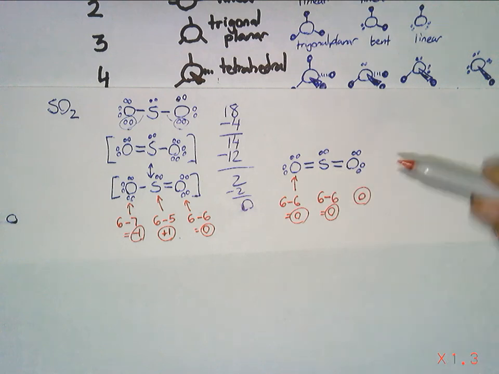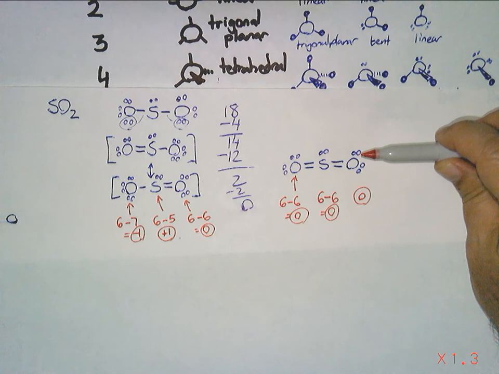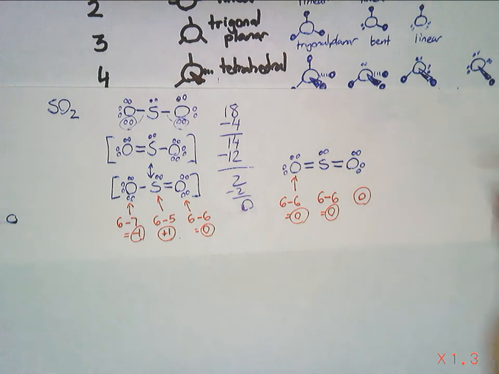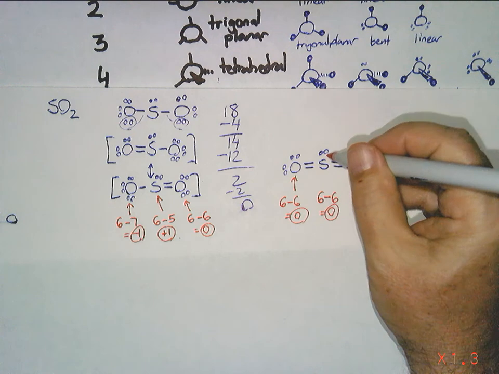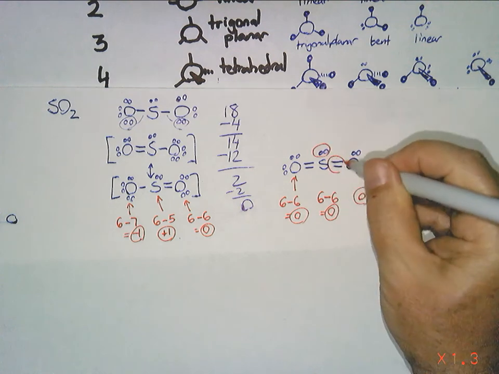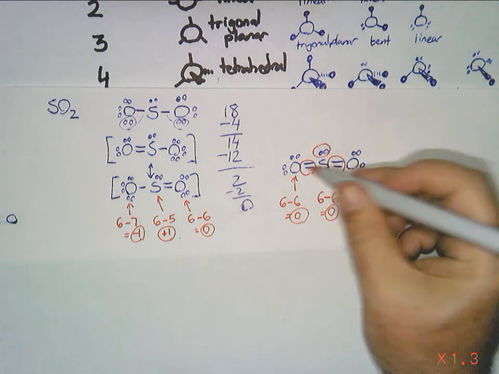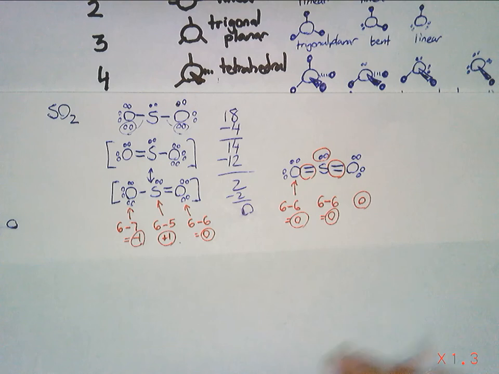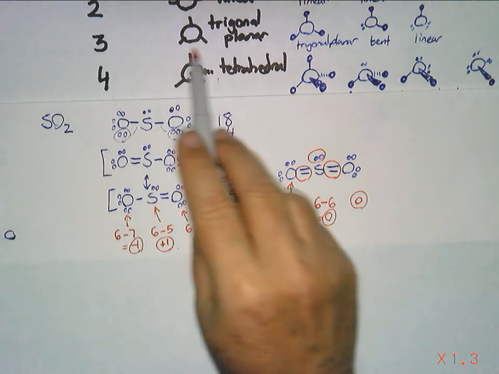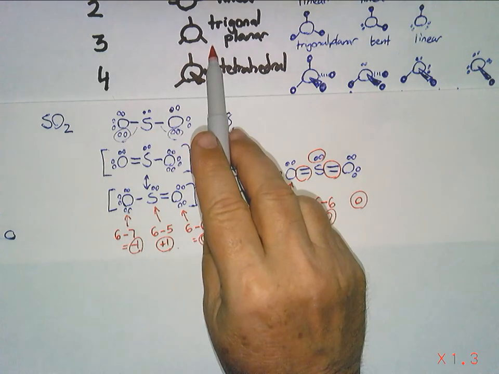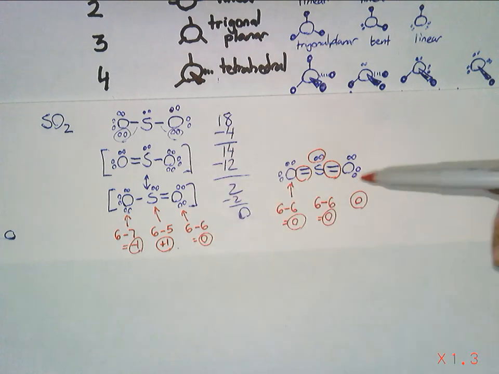Now let's ask, what's the electronic geometry and what's the molecular geometry? How many things are coming out of that sulfur? There's a lone pair, there's a bond, and a bond. Remember, the double bonds count as one thing. So there are 3 electron clouds there. So it has a trigonal planar electronic geometry.